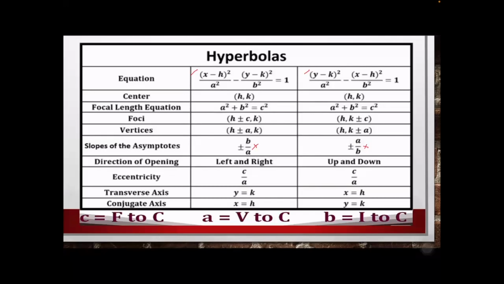Anong ibig sabihin ng eccentricity? So, kapag eccentricity, ito yung gaano kalaki yung curve path niya. Kasi sa circle, ang eccentricity ng circle ay 0 ata yun. I'm not so sure kung 0 or 1.